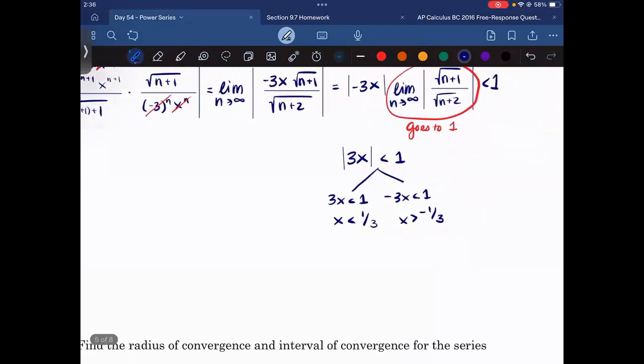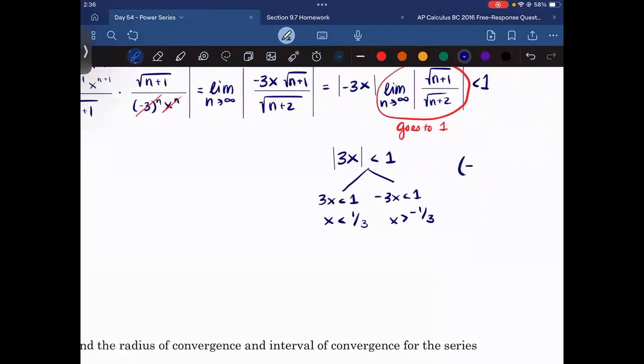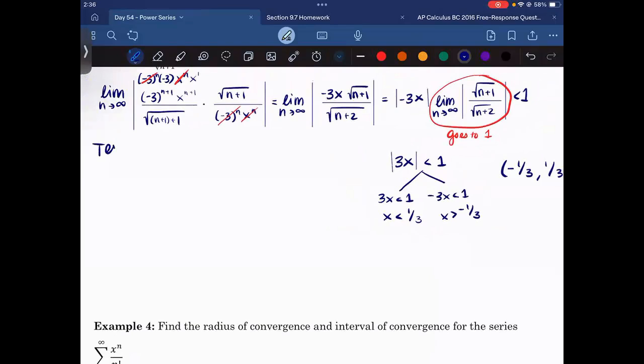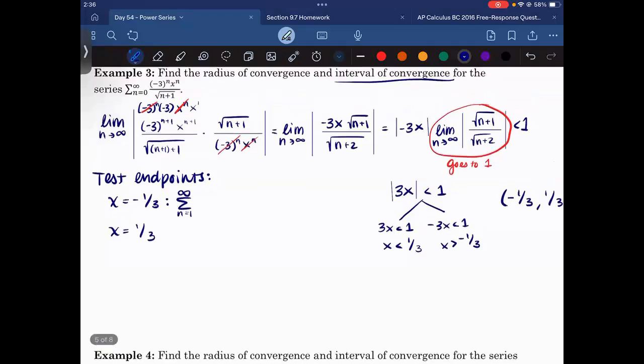So now we have our interval. And now we have to test our endpoints. So we're going to test our endpoints. So we're going to set x equal to negative 1/3. Remember, it's just the x value.